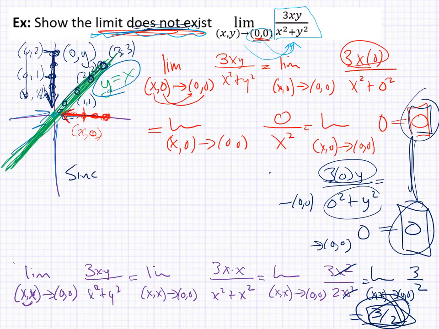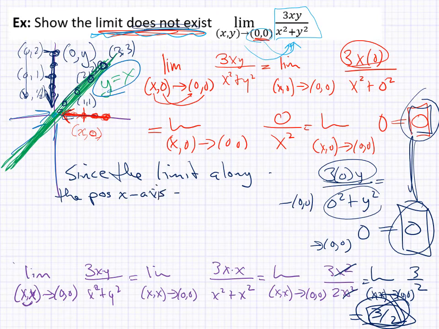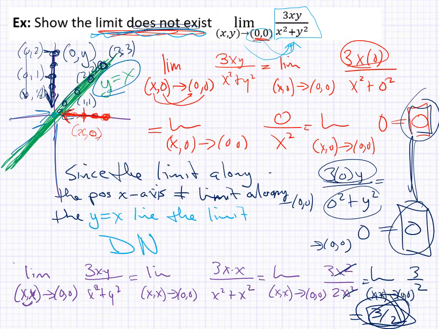Since the limit along the positive x-axis does not equal the limit along the y equals x line, the limit does not exist. Okay, something like that.